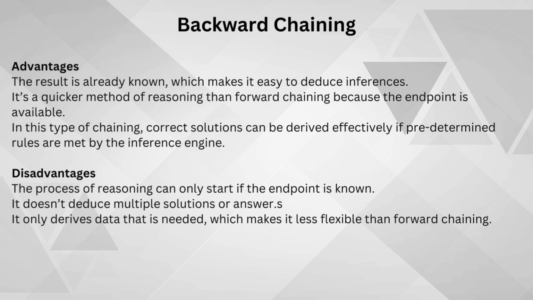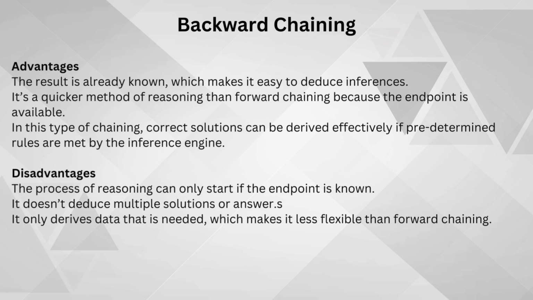Another disadvantage of backward chaining is that it does not deduce multiple solutions or answers. It is great for finding that one correct answer, but if there is more than one solution, backward chaining might not explore all the different possibilities. The third disadvantage is that it only derives data that is needed, which makes it less flexible than forward chaining.